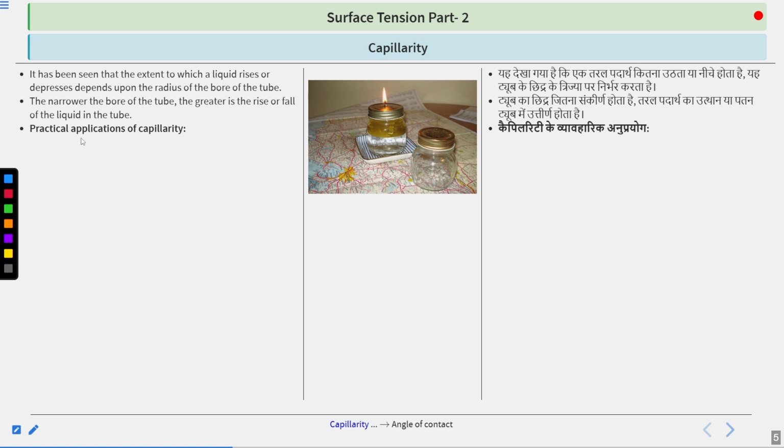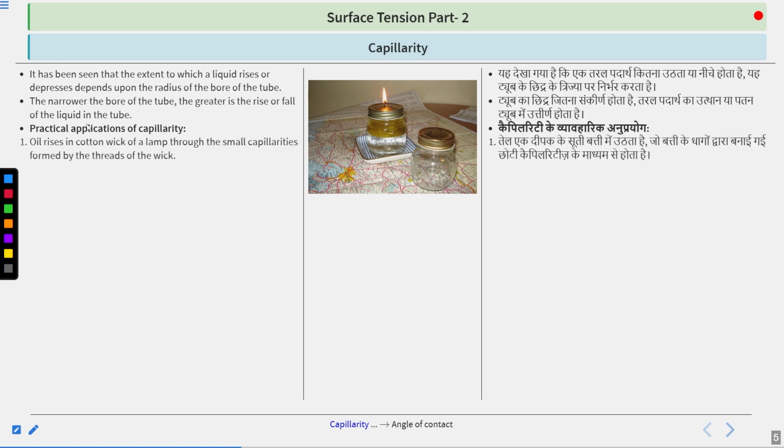Now let's see practical applications of capillarity. Oil rises in the cotton wick of a lamp through the small capillaries formed by the threads of the wick, like you can see in this picture. Whenever you burn a lamp, or diya, at your homes, you often use a cotton wick.